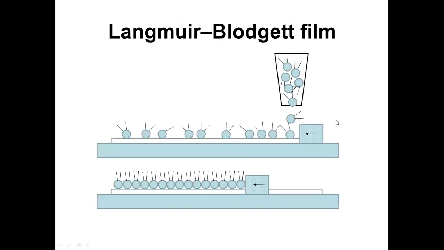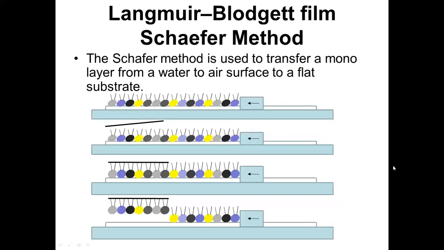So this shows, again, the Langmuir-Blodgett film, and what we're doing mechanically here is compacting these to get a dense monolayer on the surface. Then we can look at the Schaefer method, which is used to transfer monolayers from a water-air surface to a flat surface.